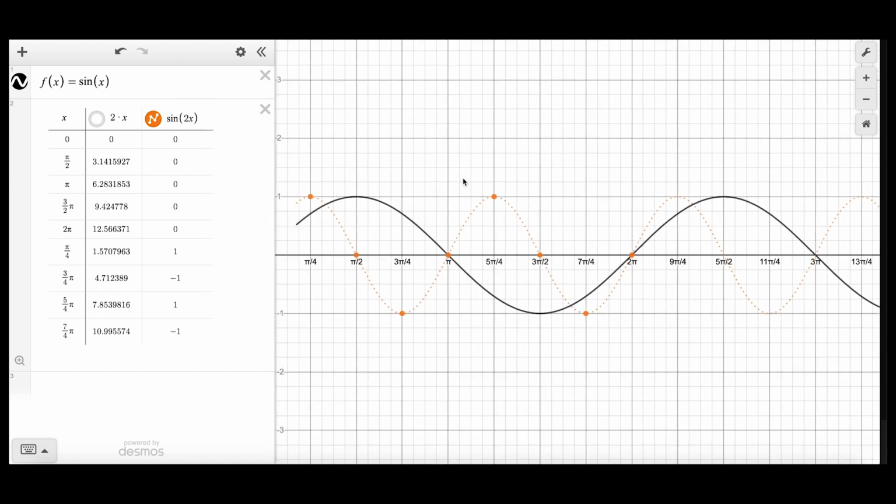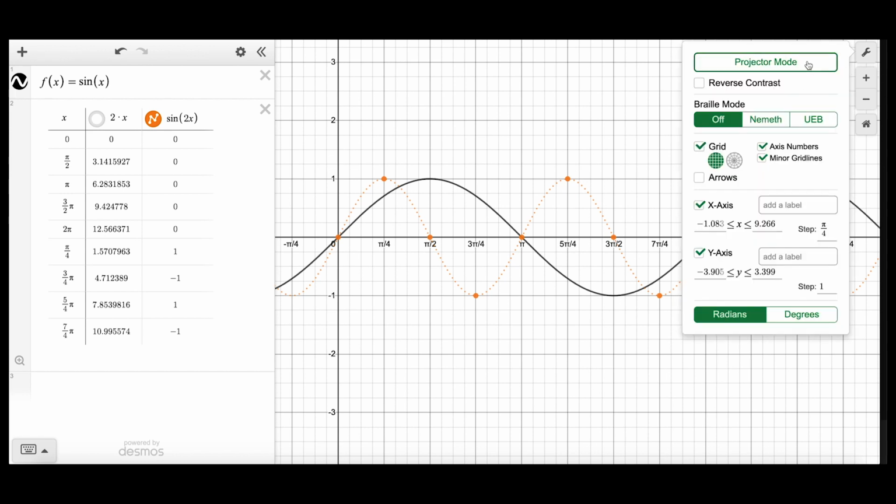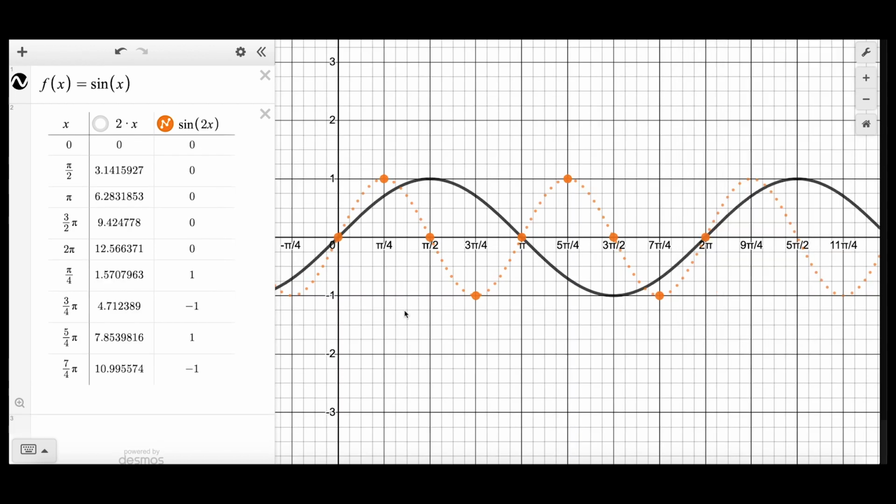Something that stands out to me is that this orange wave, sine of 2x is the orange, so sine is the regular one. Sine of 2x, it looks like, since everything is behaving as its double, this wave is going twice as fast. Notice how many cycles it does.